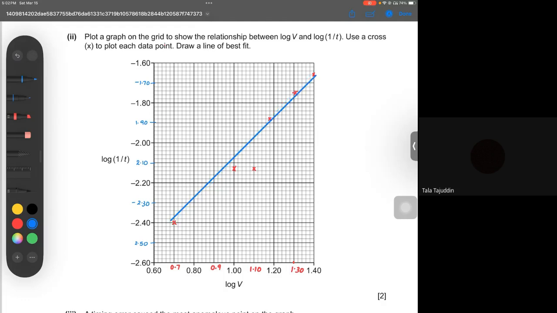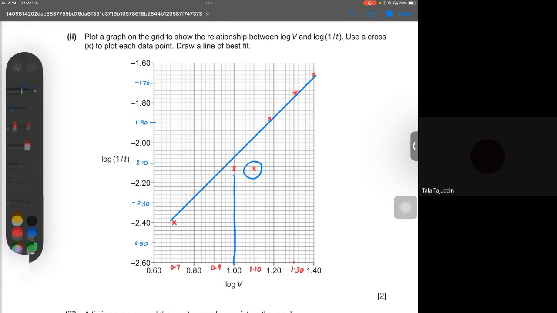So this is your outlier. Let me check this point. Why is this point not on the main line? Let me check this point again. I'm talking about 1.00.